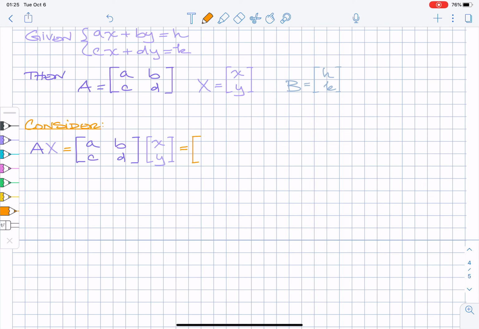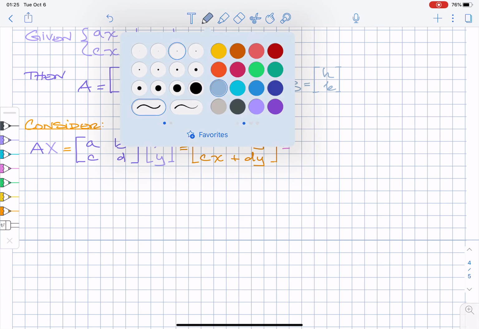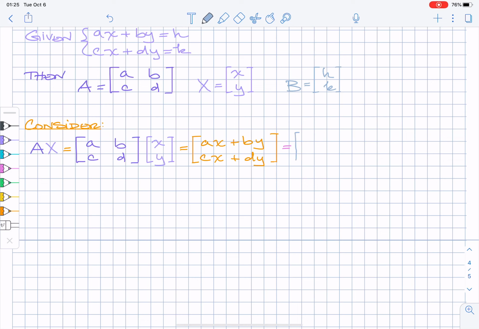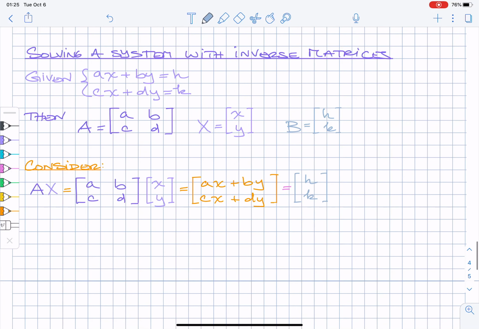That gives us AX plus BY and CX plus DY. And we know that that's equal to B, right? We know that AX plus BY is the same as H. And we know that CX plus DY is the same as K from the system above, right? Okay, so what is that? That's B.